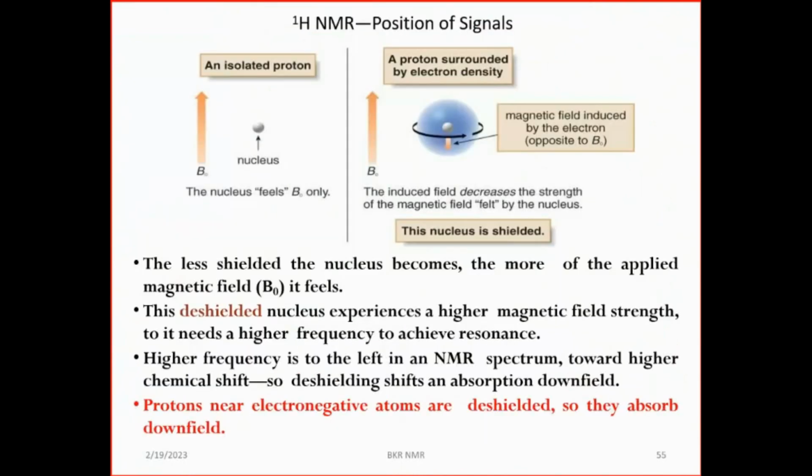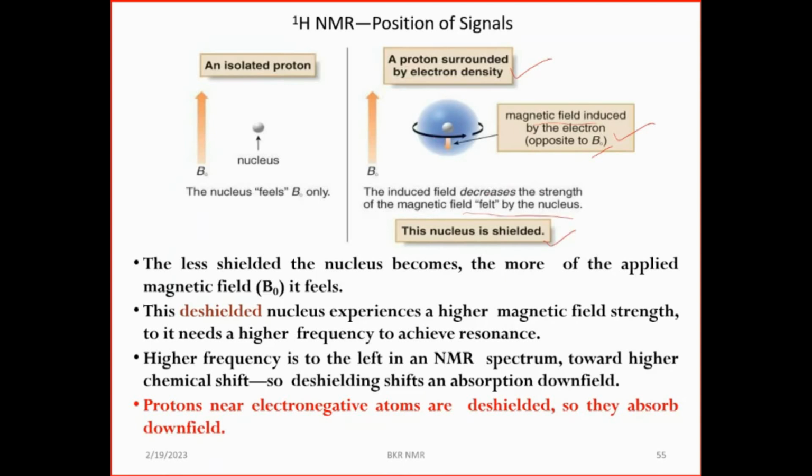Okay. A proton surrounded by electron density: the magnetic field induced by the electrons opposes B0. The induced field decreases the strength of the magnetic field felt by the nucleus, so these nuclei are shielded.